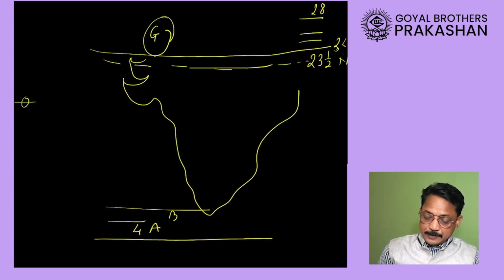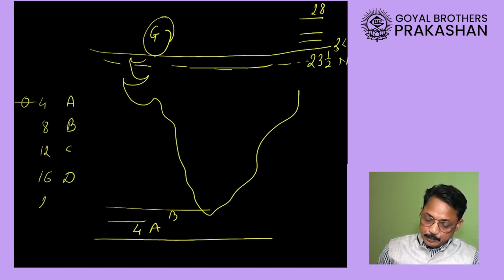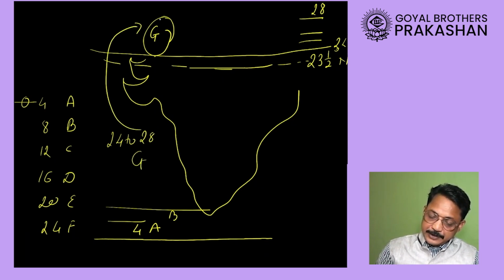Please remember 0 to 4 is A, 4 to 8 is B, 8 to 12 is C, 12 to 16 is D, 16 to 20 is E, 20 to 24 is F, and 24 to 28 will be G, where this region is present, which is the region of Rajasthan and northern part of Gujarat.